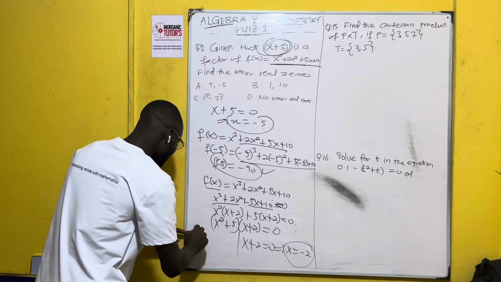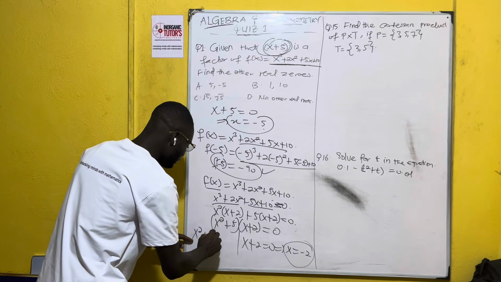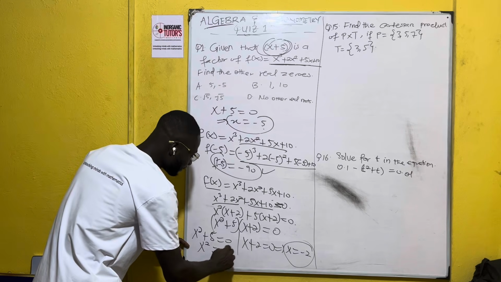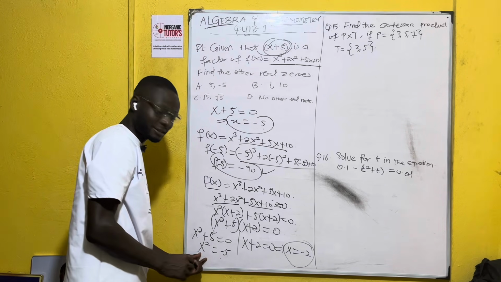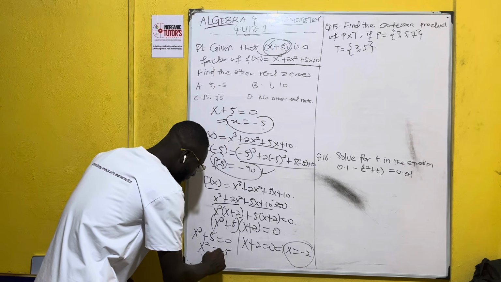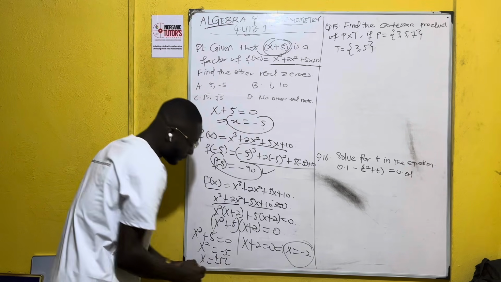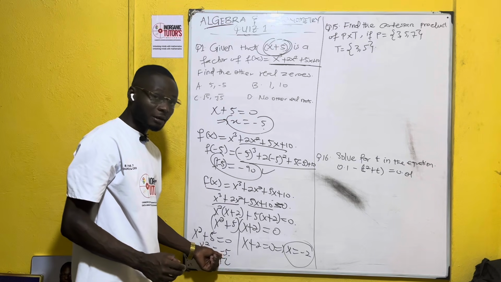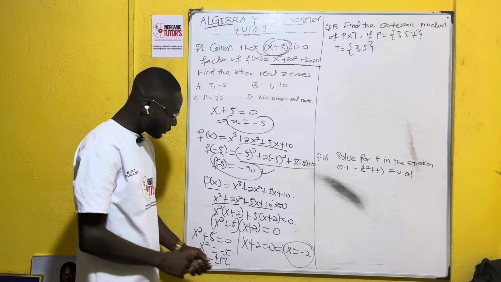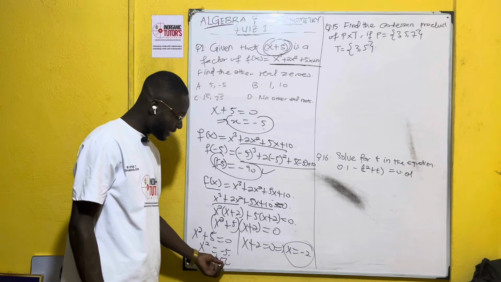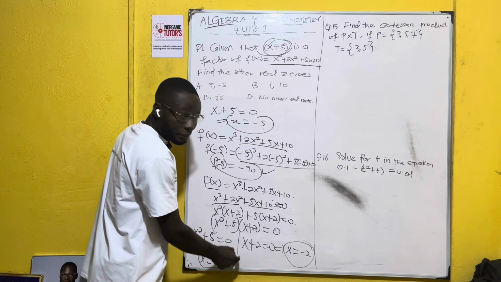The next root comes from x squared plus 5 equals 0. Then you have x squared equals negative 5. So x is equal to plus or minus the square root of negative 5, which is complex, so it is plus or minus i root 5, and this is not a real root.